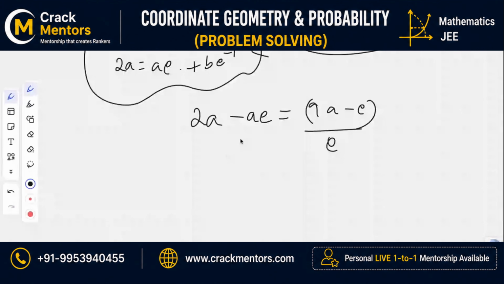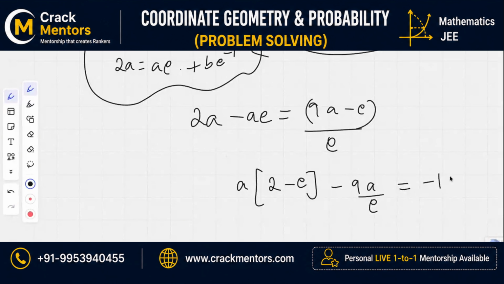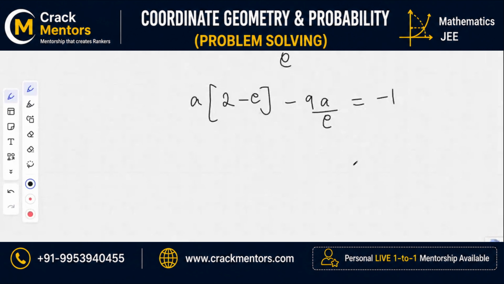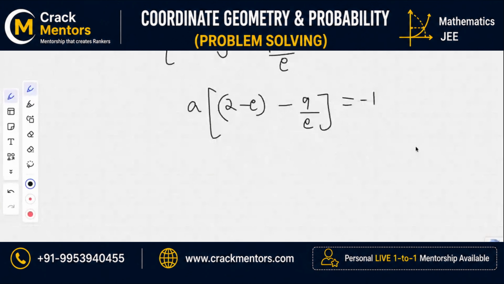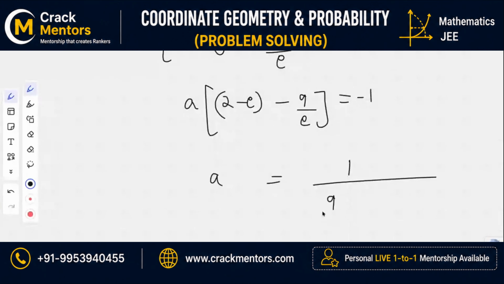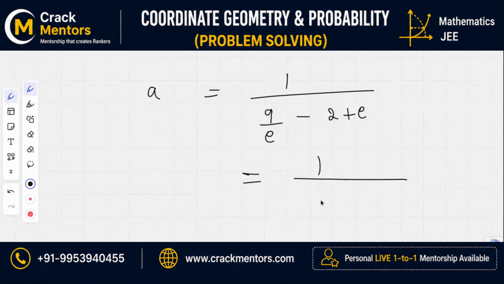So a is how much? 2 minus e, and I can bring it, minus 9a by e, and that is minus 1, correct? So that means a is how much? It is 1 by (9 by e minus 2 plus e), correct? So how much is it? e square minus 2e, and e over here plus 9.